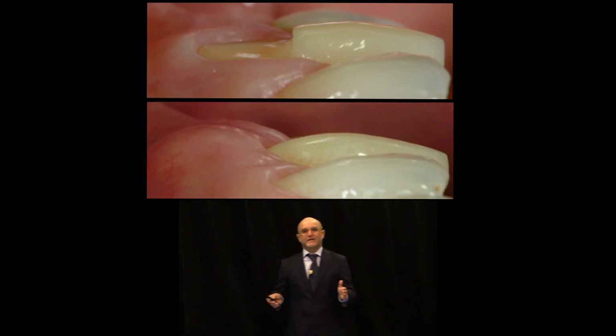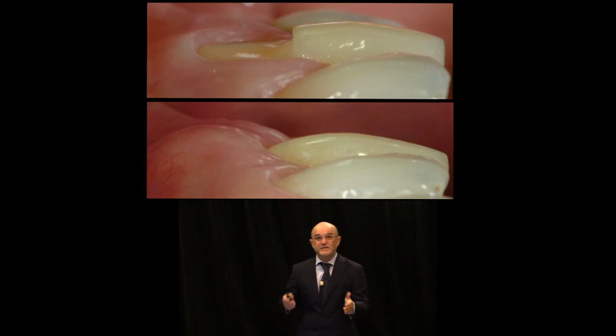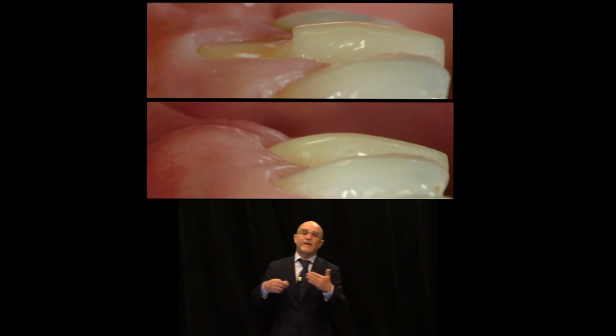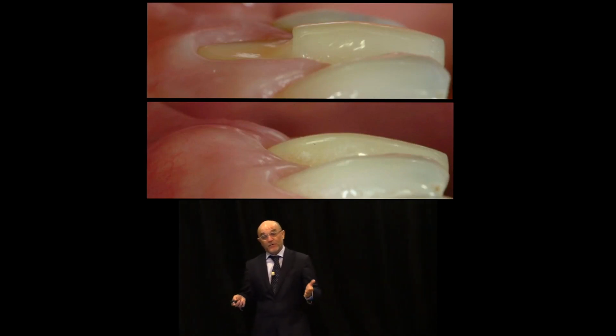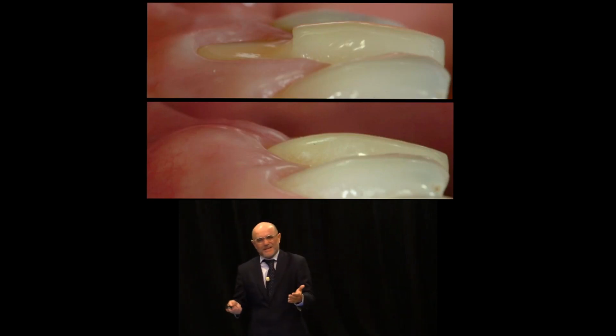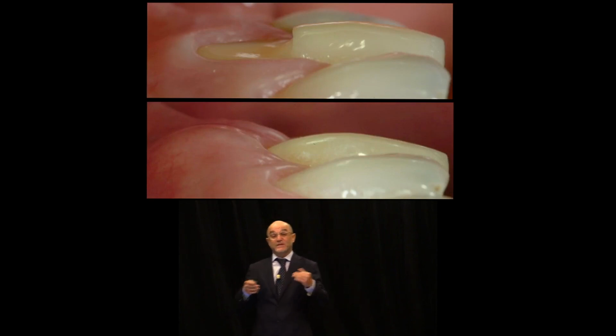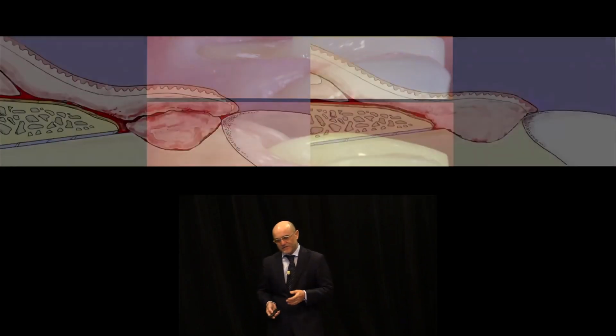So the problem of the keratinized tissue is a problem of the periodontist, not of the patient. There is no patient in the world that asks me, may I have some more keratinized tissue? So keratinized tissue is something that we like for the patient to clean, but the patient does not know. The patient does not want to see any difference in color, texture, and surface characteristics between the treated area and the adjacent teeth.